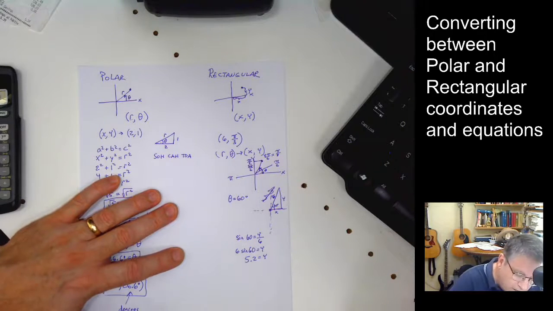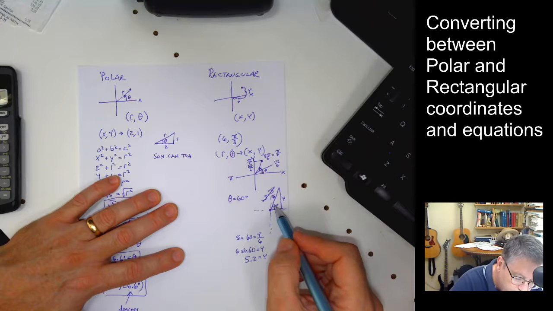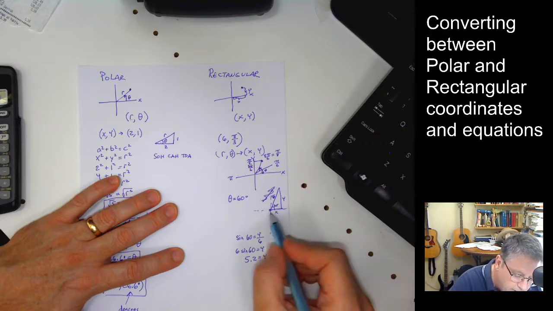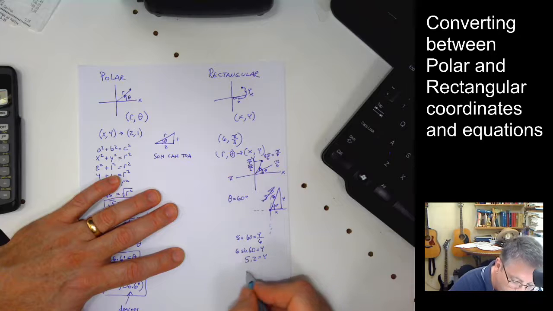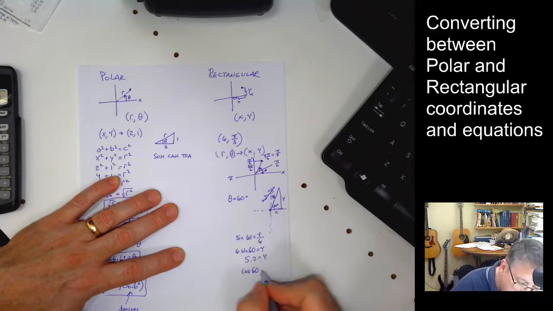And then the cosine, did I do that wrong? No. So then the cosine is the adjacent over the hypotenuse, right? So the cosine of 60 is going to be this leg right there. That's the adjacent one, the one touching the angle, equals x over the hypotenuse that we already know.